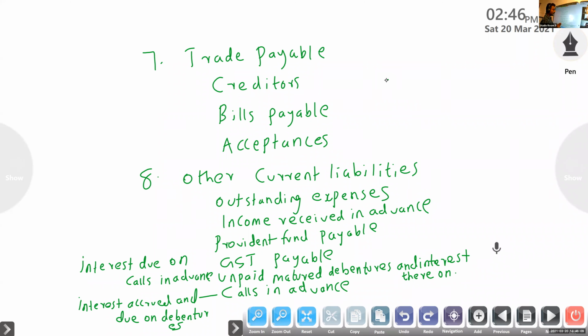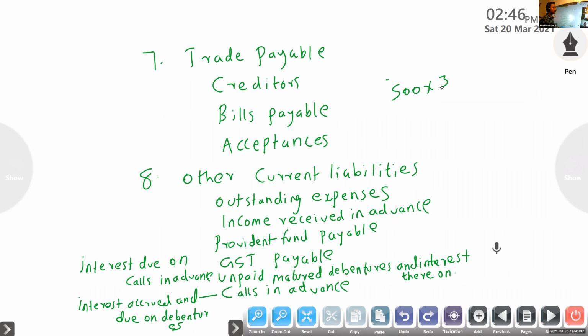You will study this in accounting for share capital. Suppose I called for allotment money, but Anila gave the first and final call money along with the allotment. That is calls in advance.